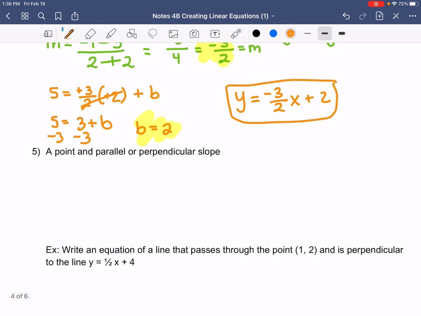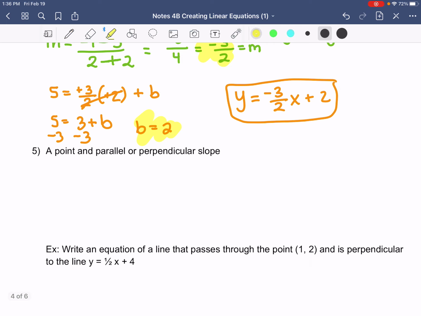The last one is if they give you a point and then a parallel or perpendicular slope. So on the warm-up, I asked you about parallel, perpendicular slopes.